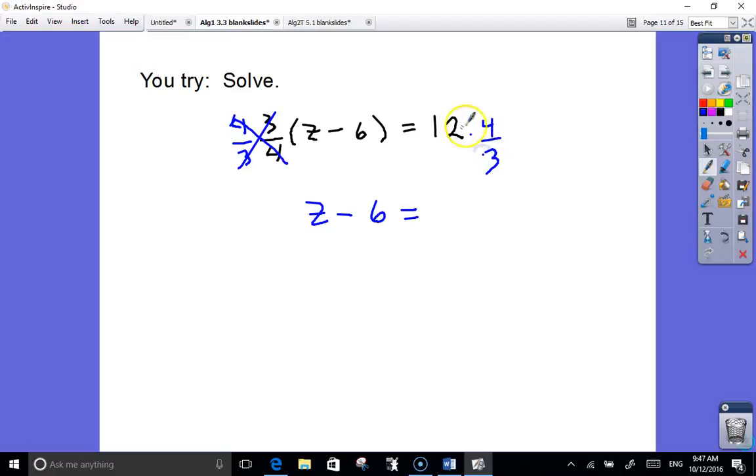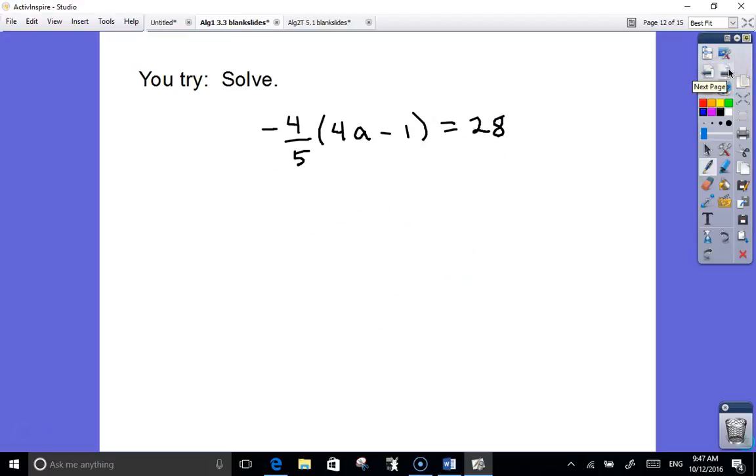If you just put it in the calculator and let the calculator do all the work, 16, right? If you cancel, 3 goes into 12 how many times? 4. And 4 times 4 is 16. Add 6. Now it's just a 1-step equation. So z equals 22.